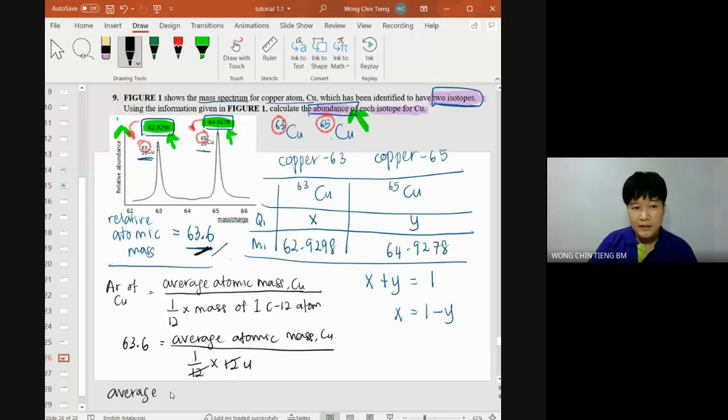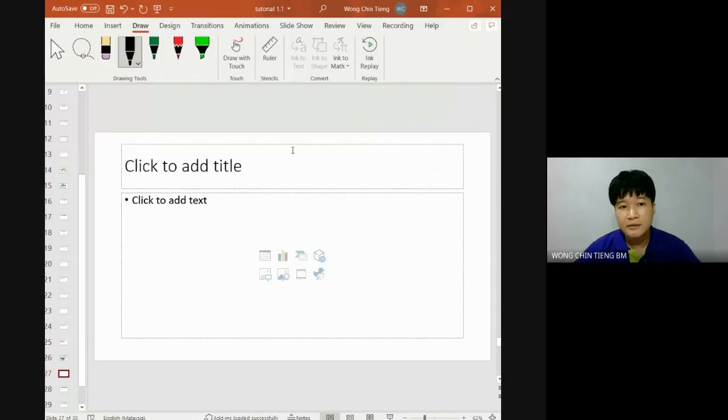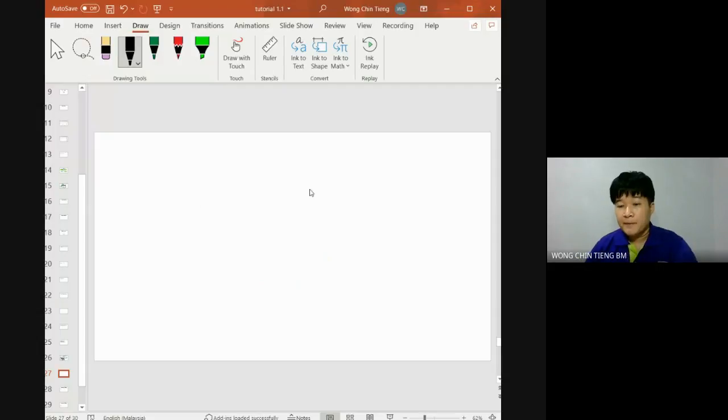So kita ubah daripada relative atomic mass kepada average atomic mass of copper equals to 63.6 U. This is the value that you will put into your average. Siapa yang buat terus dengan average, I wouldn't say salah, cuma kamu akan hilang markah lah sebab jawapan akhir kamu memang akan betul. Alright, kamu akan hilang markah.